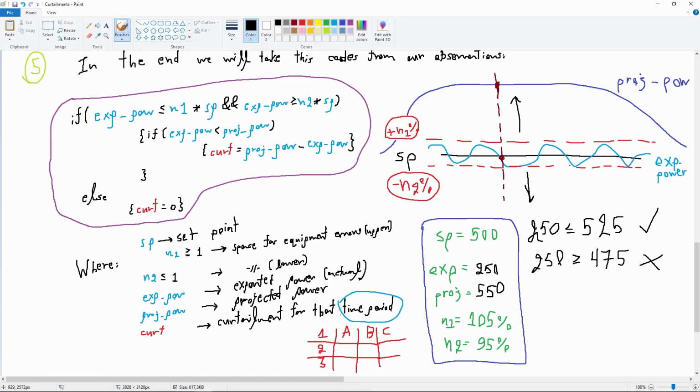So for example, for time period 1, I had a set point A, it was an active set point, and I had B be my exported power, and C be my projected power.